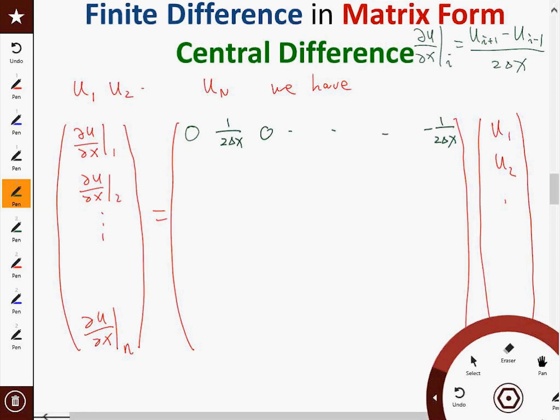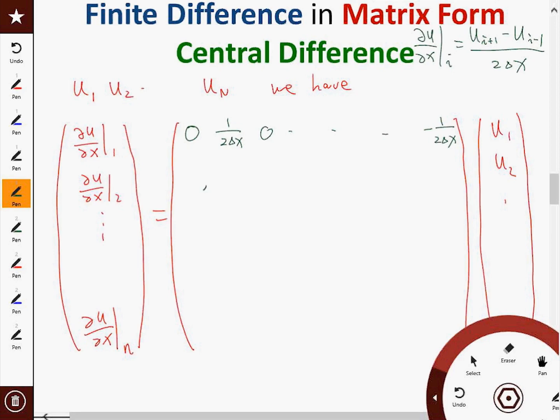The second line is actually easier. Try to do it. When I is equal to 2, du dx at 2 is equal to what? It's equal to U3 minus U1 divided by 2 delta X. So U3 and U1, which is this and this.